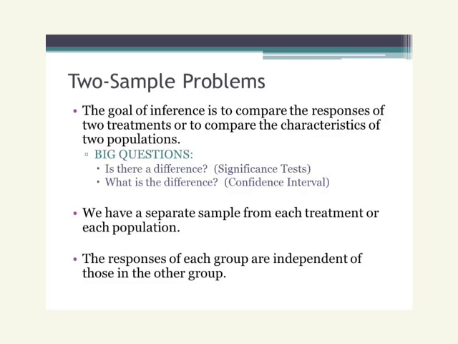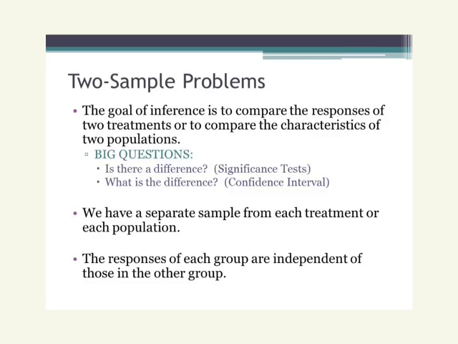We're trying to see, is there a statistically significant difference between one population or one treatment and another. Significance tests like we dealt with in Chapters 11 and 12. If they ask what's the difference between these two populations, then we're talking about a confidence interval like we dealt with in Chapter 10. So in Chapter 13, we're going to deal with both significance tests and confidence intervals.